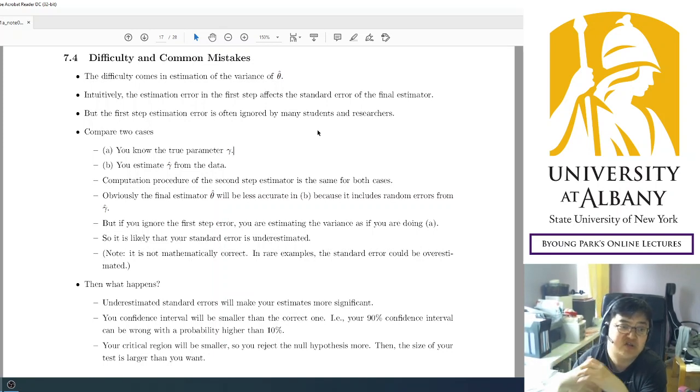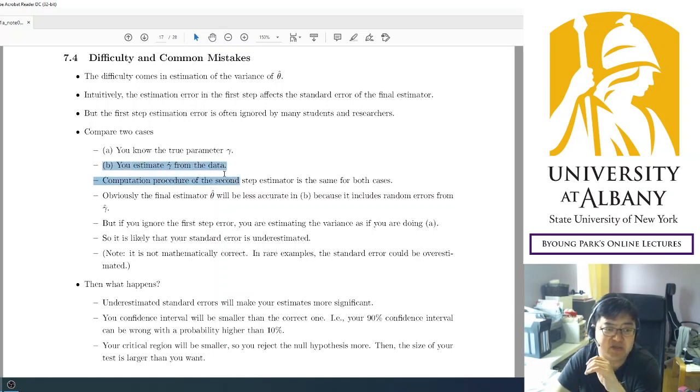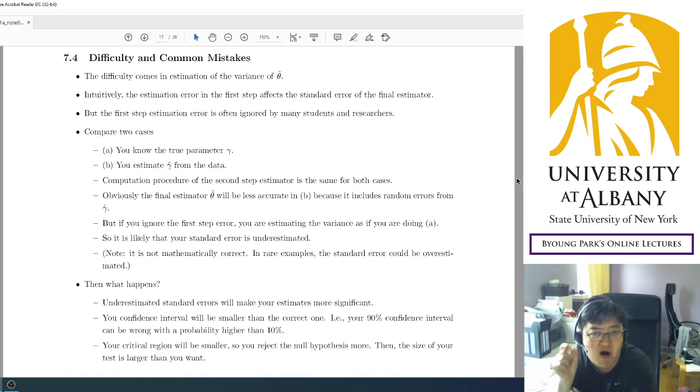So you just need to do the second stage, and this is the feasible case. In the feasible method you are going to use gamma hat, but gamma hat may be wrong, right? Gamma hat may have estimation error, and then using those potentially wrong gamma hat, you are going to estimate theta, the final estimator.